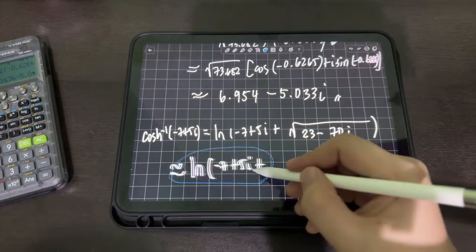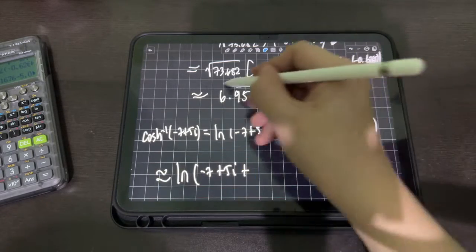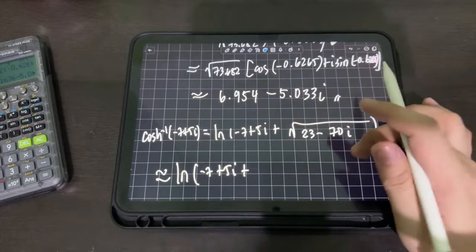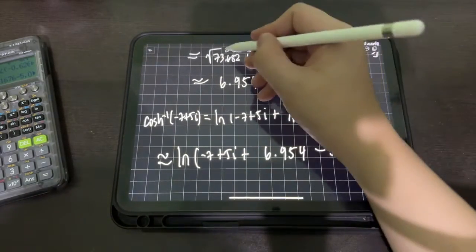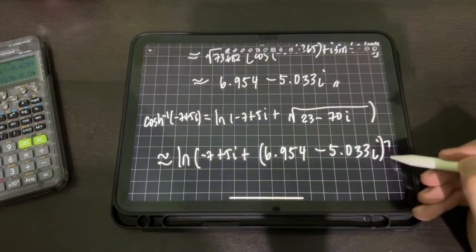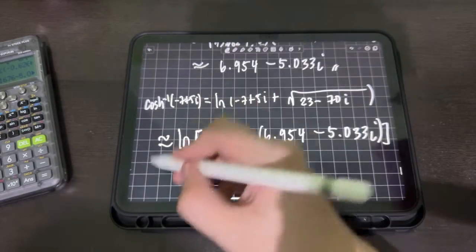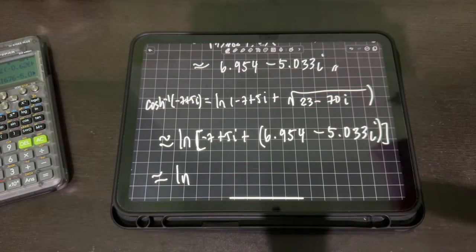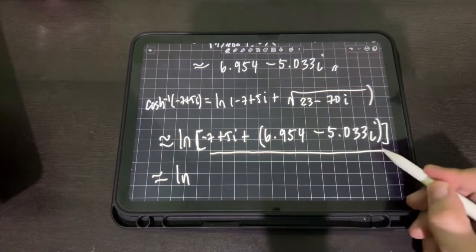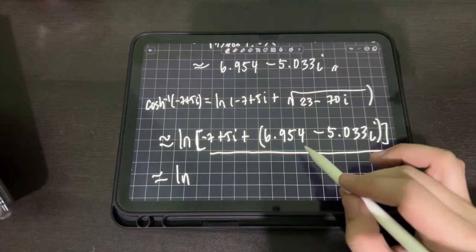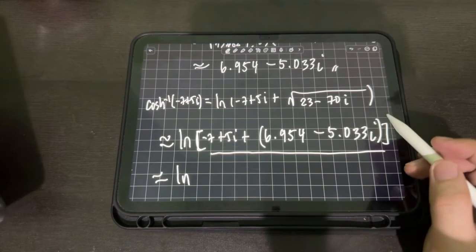The one that we got is this one, right? So let's just copy. And then we combine this negative 7 plus 5i plus the quantity 6.954 minus 5.033i.